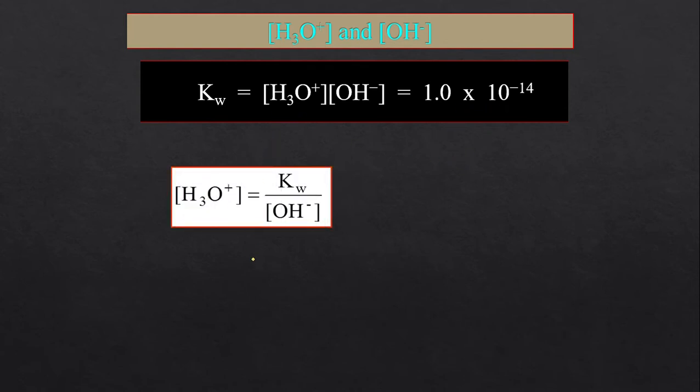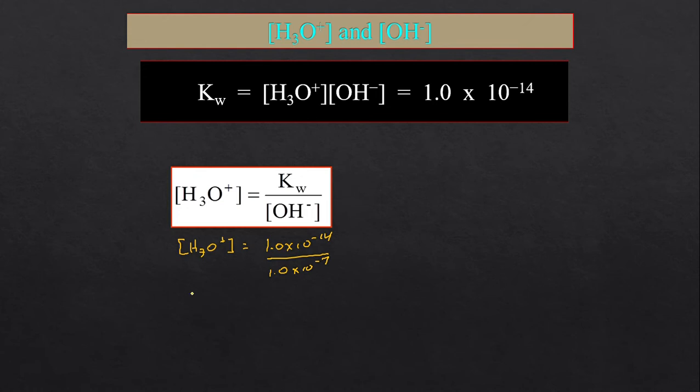So, again, to solve for this, ayan, so the concentration of H3O positive is equal to, okay, kung gusto nyo ng medyo mahaba-habang solving, okay, 1.0 times 10 to the negative 14 over 1.0 times 10 to the negative 7, tulad ng calculation nga natin.